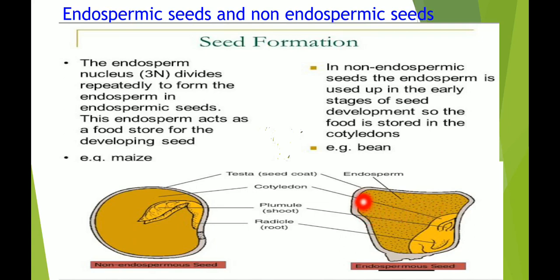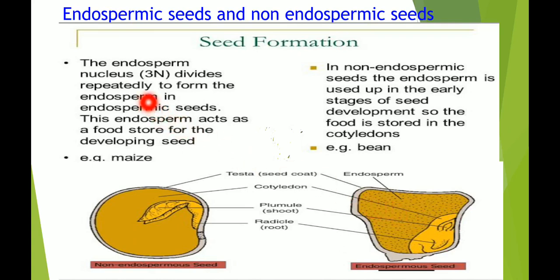And in this type of endospermic seeds, the cotyledon is very small, thin and papery. So this is the region where the cotyledon is present, and it is very small, thin and papery, or sometimes even absent. So this is about endospermic seeds.